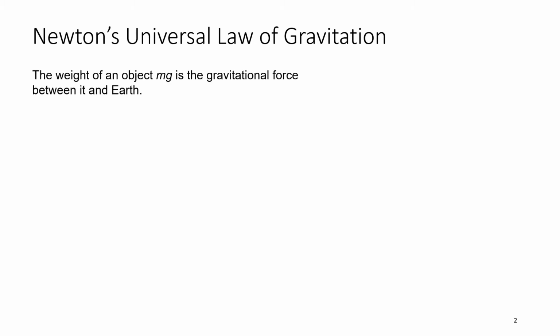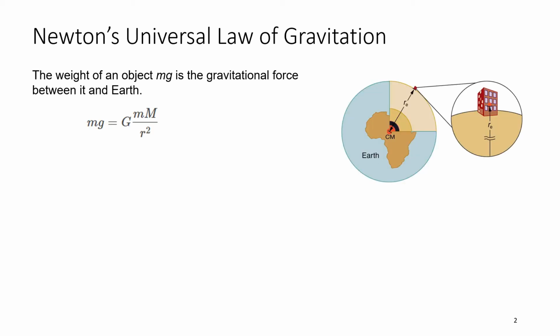It is interesting to know that the weight of an object, mg, is actually the gravitational force between it and Earth. We can substitute mg for F in Newton's universal law of gravitation, and it gives us this equation, where little m is the mass of the object, for example, this building. The capital M is the mass of Earth, and r is the distance between the centers of mass of the object and the Earth, which is exactly the distance to the center of the Earth.